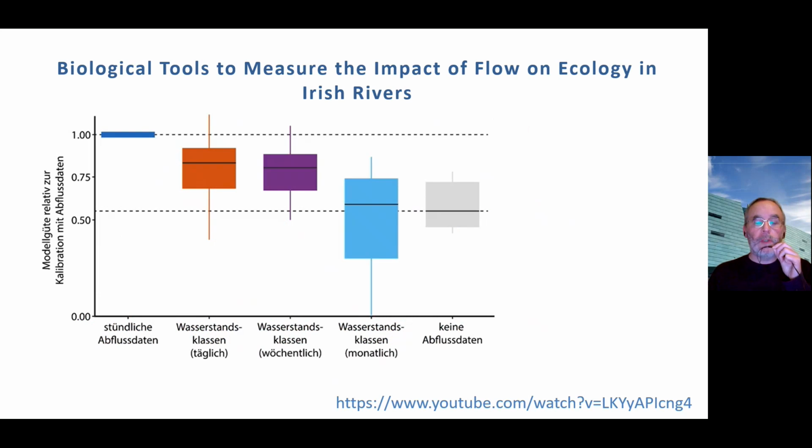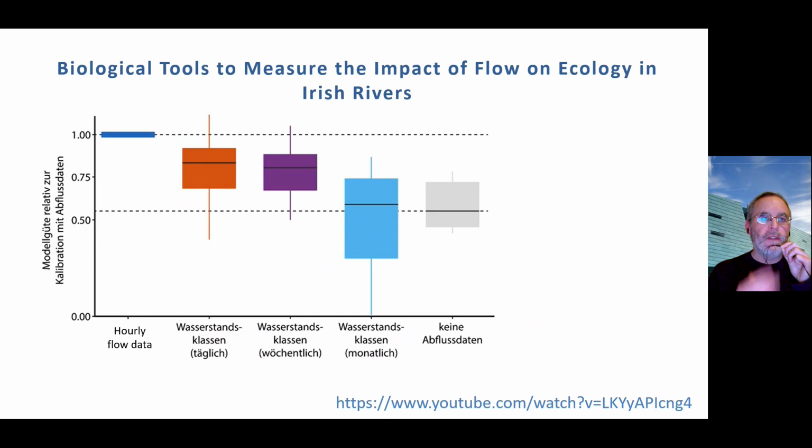This is a screenshot I've taken from one of the videos produced by the Crowdwater group as well. It's available on YouTube if you want to take a look at it. The axes on the graph are in German, but I've added some English to hopefully explain it more clearly.